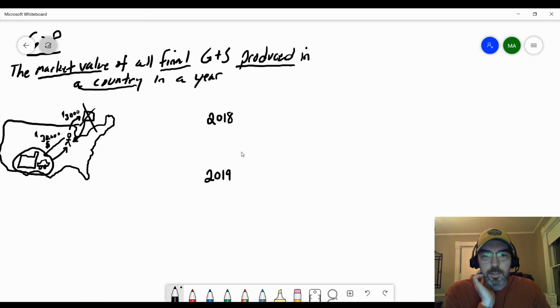This is a microcosm, or a little peek, at how GDP is calculated. Let's assume for the country of the United States that the U.S. literally only makes 2 different things. In reality, we produce hundreds of thousands of different types of things, but let's say we only produce 2 types of things. And sticking with the car theme, I'll say we make cars and we'll say computers.